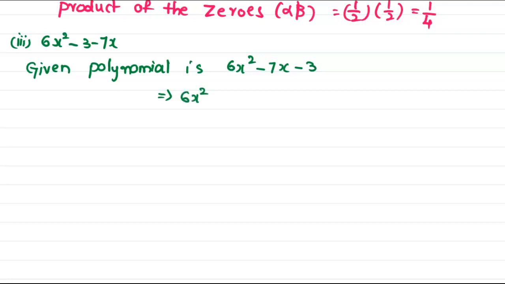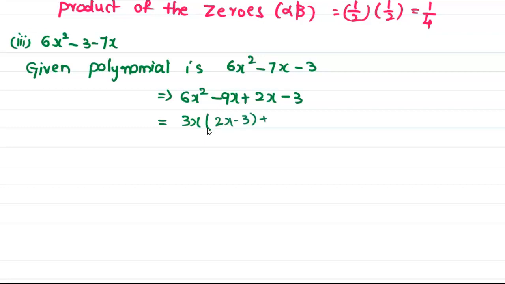So here minus 7x as minus 9x plus 2x, and here the constant term minus 3. So that is equal to, in these two terms we have to take the 3x common, then we will get here, after taking 3x common from these two terms, 2x minus 3.